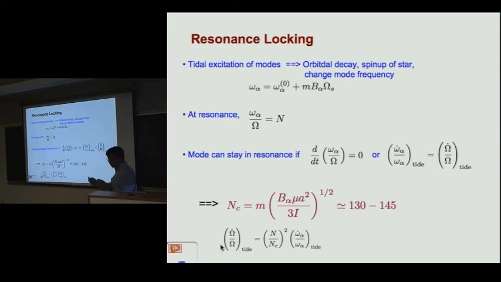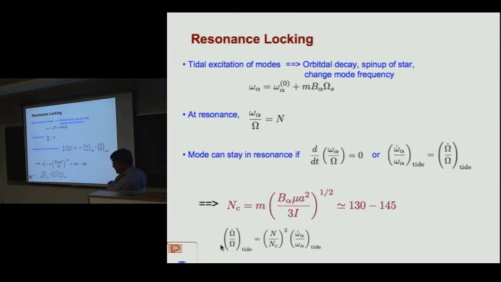So two things are happening in resonance. Orbital frequency is changing, and the second thing, the mode frequency is changing. Both changing. So from this, you can easily derive a critical condition for this resonance locking, the critical n.